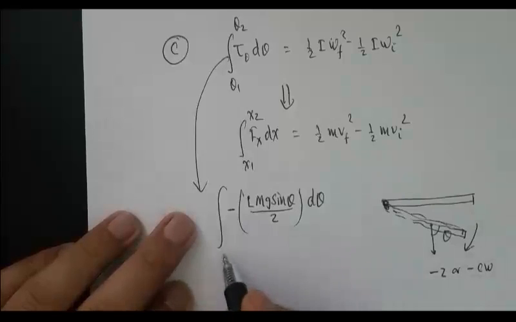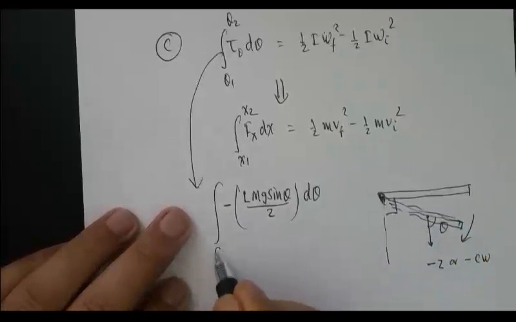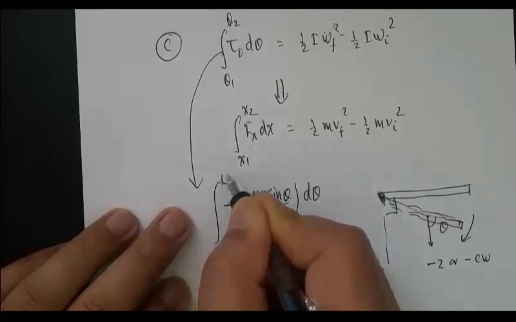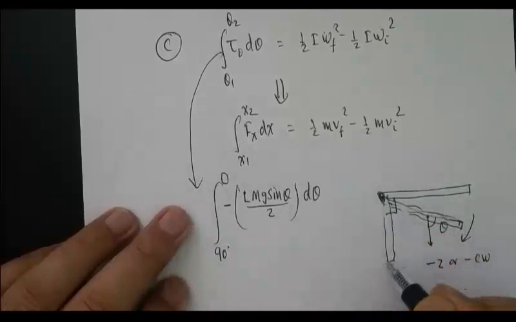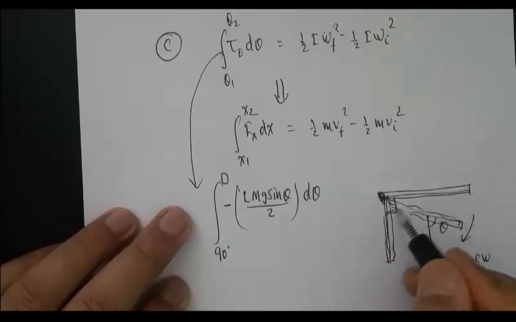The initial angle is 90 degrees and the final angle is 0 degrees, because when it gets vertical its angle is 0.